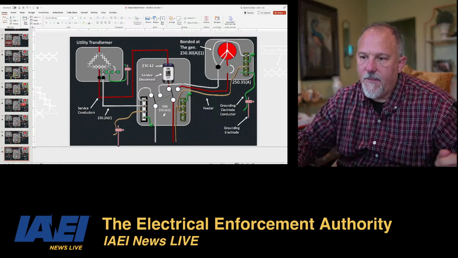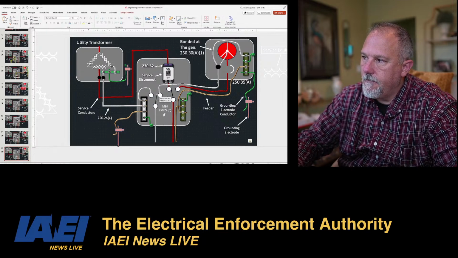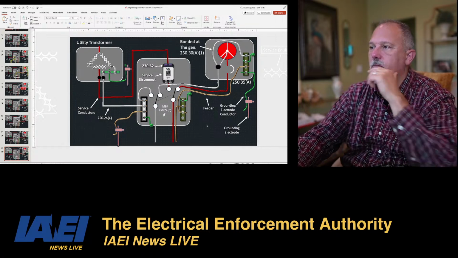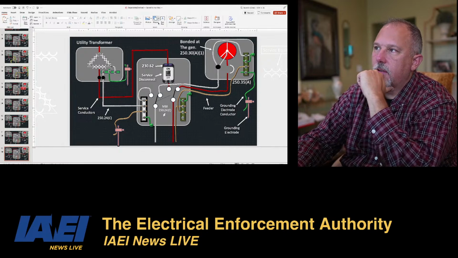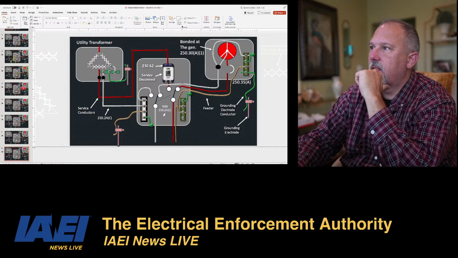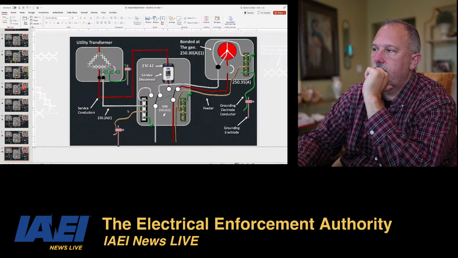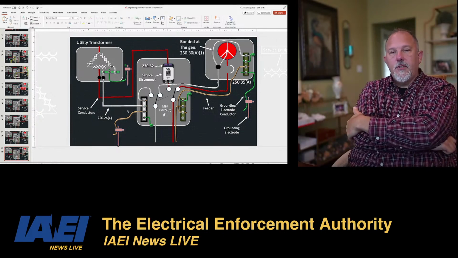And when I throw that neutral, when I switch over, you still have that bond, and then through the enclosure to that. Yeah, your enclosure is still bonded.